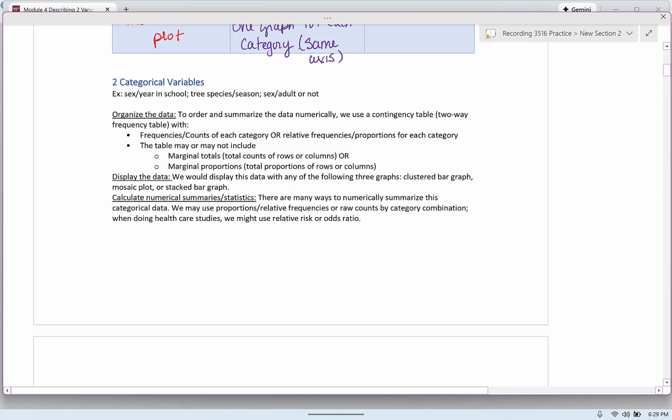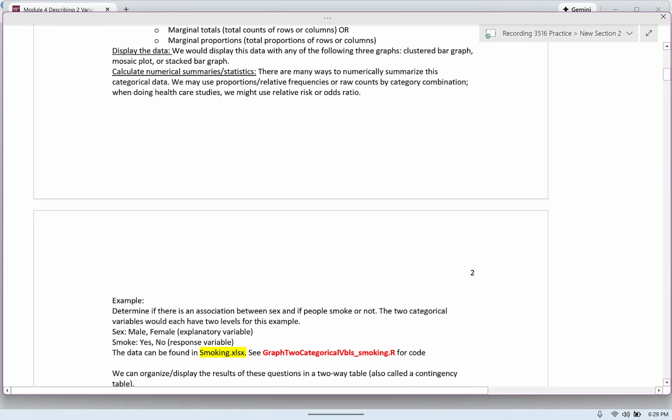And we can calculate numerical summaries or statistics. We typically just use proportions or relative frequencies or raw counts for categorical data. We may also calculate something called relative risk or odds ratios for categorical data. This is specifically used in the health sciences, so we will talk about that in this module and in this class.